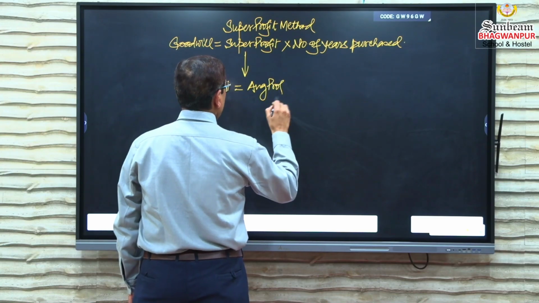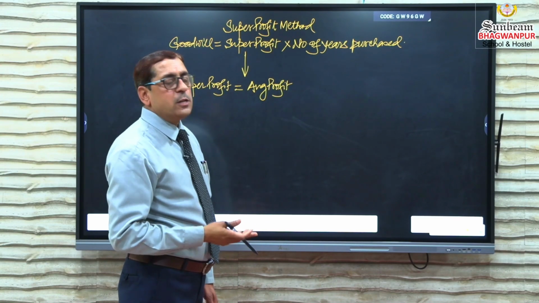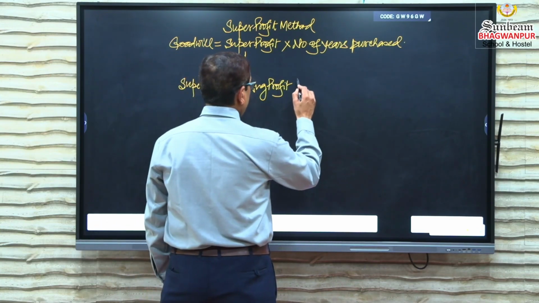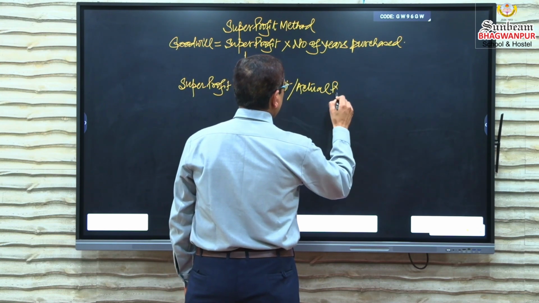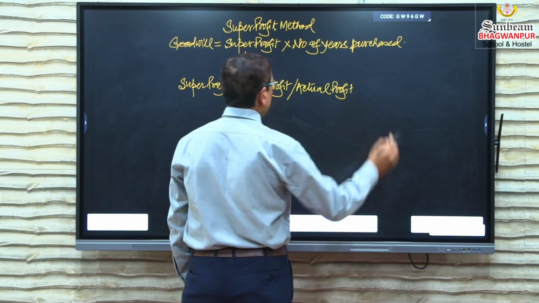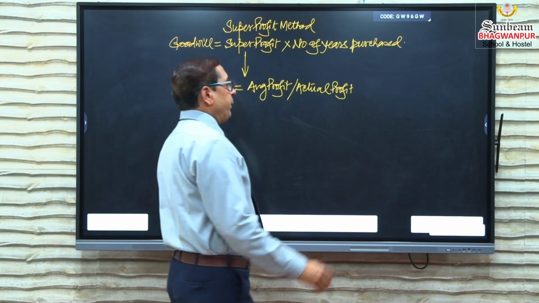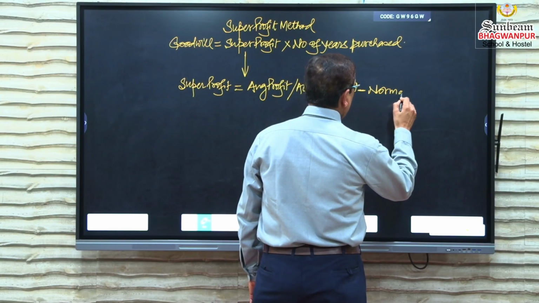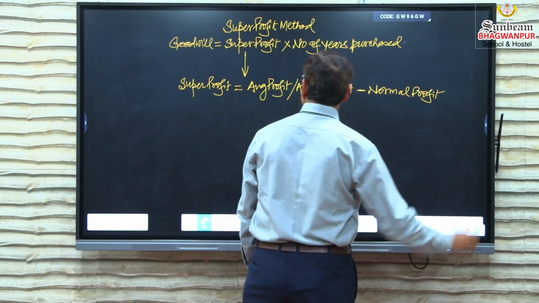average profit. If profits of a few years are given, in that case you will find out average profit or actual profit. Average profit or actual profit minus normal profit.